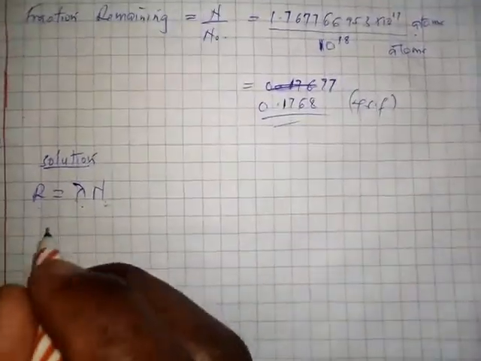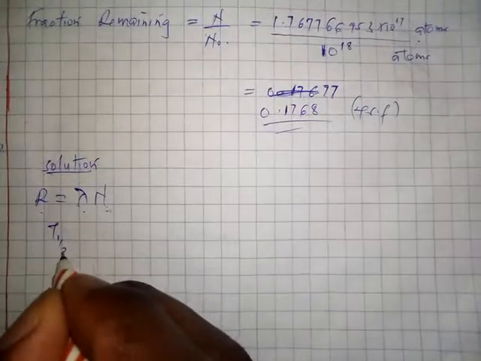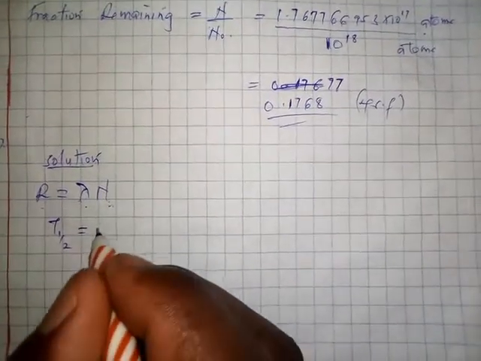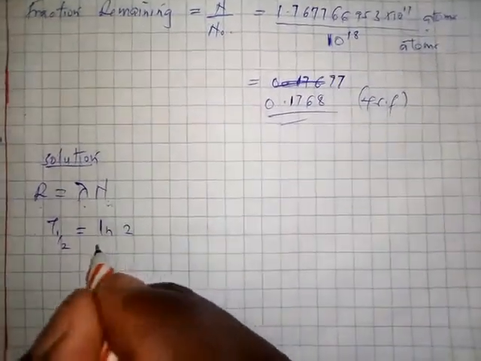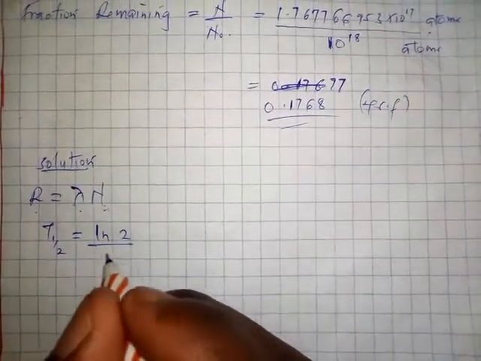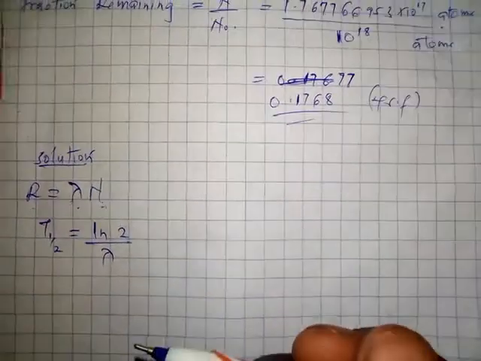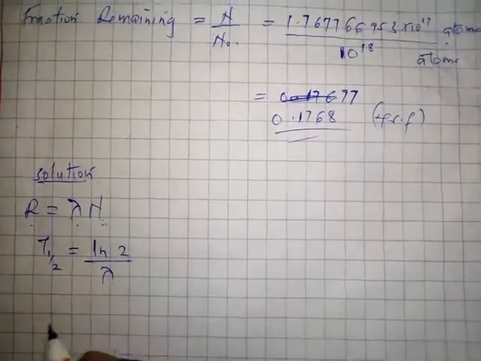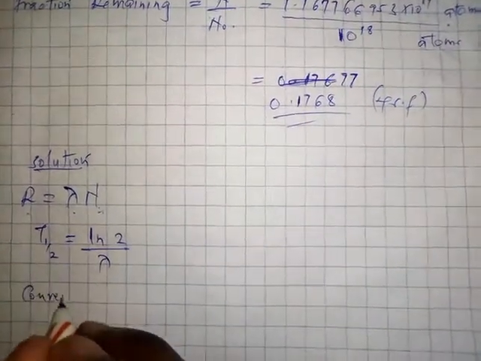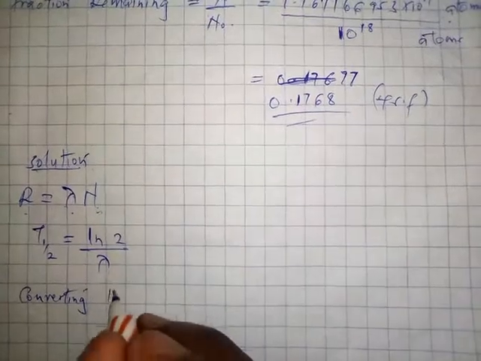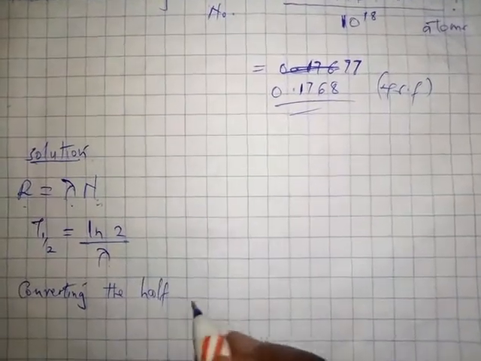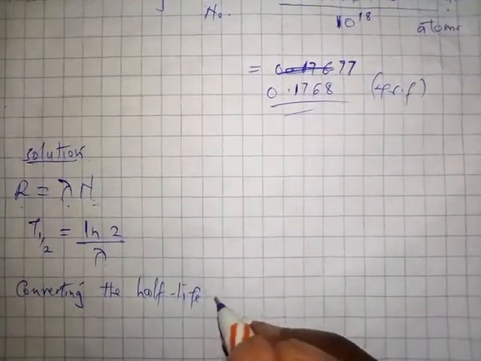Therefore the half-life is equals to ln 2 over lambda. Converting the half-life into seconds.